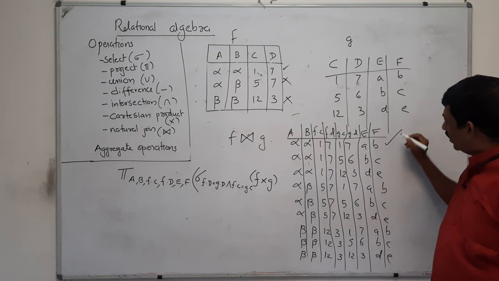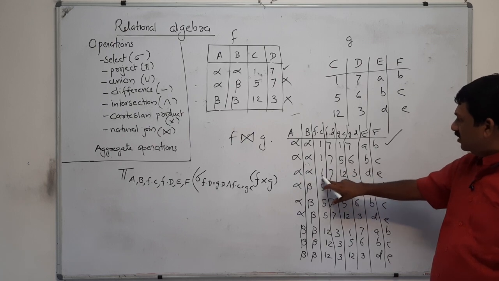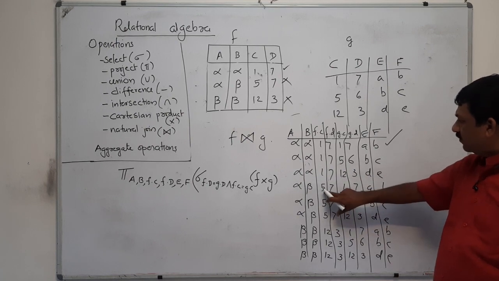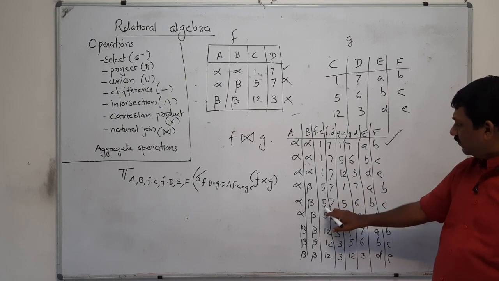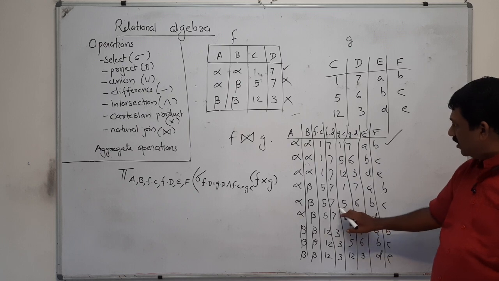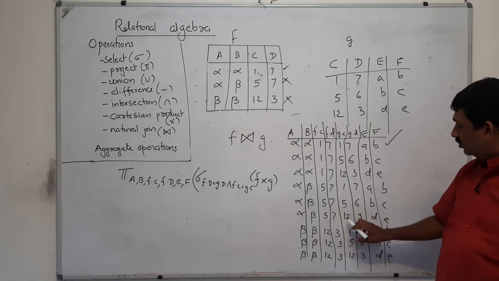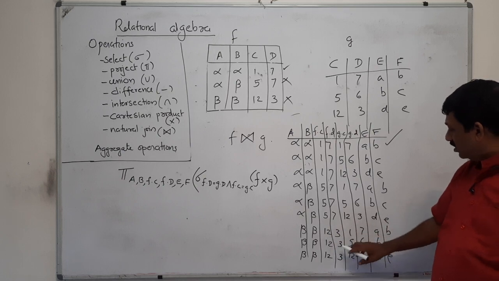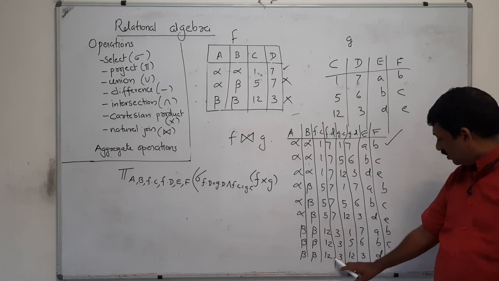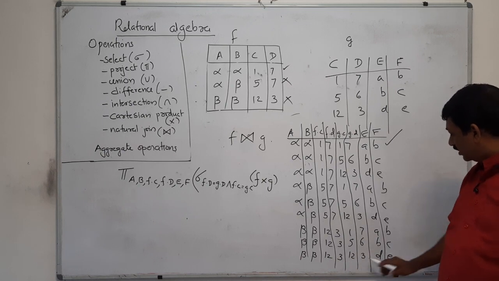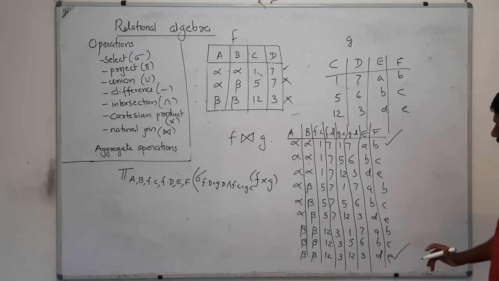So this is qualified. What about this? F.C, G.C not the same. This is 1 and 12 not the same. 5 and 1, 5 and 5. See, this is F.C equal to G.C, but F.D not equal to G.D. So 5 and 12, 12 and 1, 12 and 5, 12 and 12. See here 12 and 12, and here it is 3 and 3. So this also is qualified.